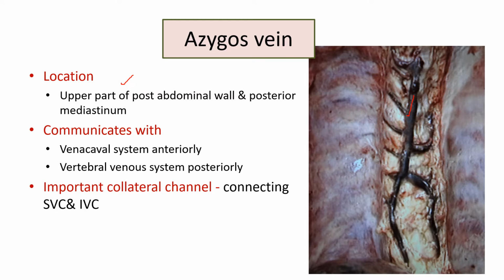The important collateral channel connecting the superior and inferior vena cava is the Azygos vein. In this picture, you can see on the left side the hemiazygos and accessory hemiazygos veins, and these are seen in relation with the vertebra on their lateral aspect, in the paravertebral space.